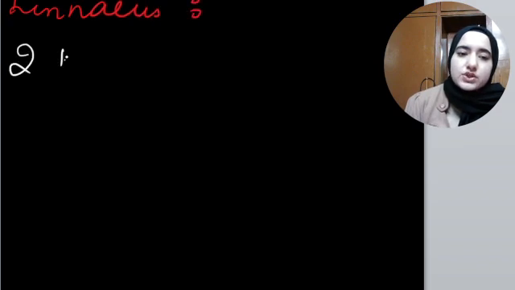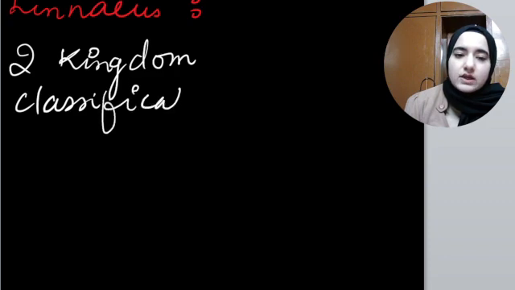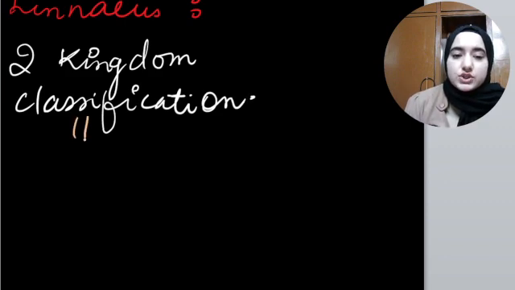Then again one person came. His name was Carolus Linnaeus, okay? He gave two kingdom classification.